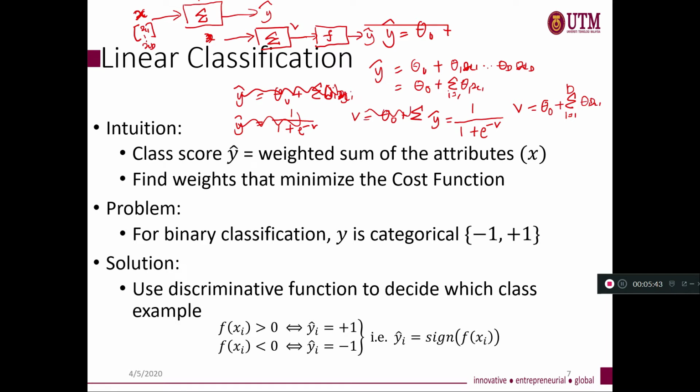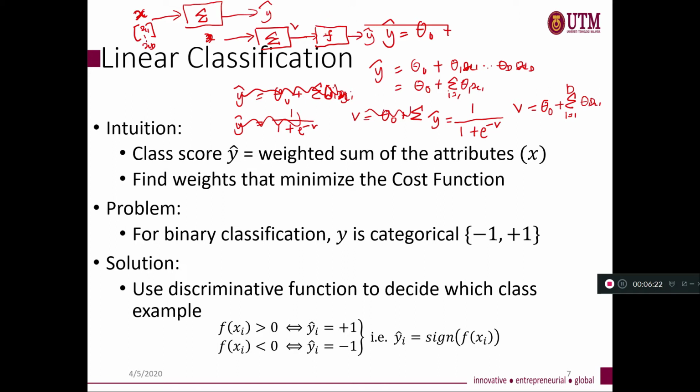During lecture 5, we talked about this one. During lecture 6, we talked about this one. You have x, which proceeds to the linear equation to produce v, and then the output from the linear function goes into f, a non-linear function, to produce y. In lecture 6 you were exposed to two types of f.